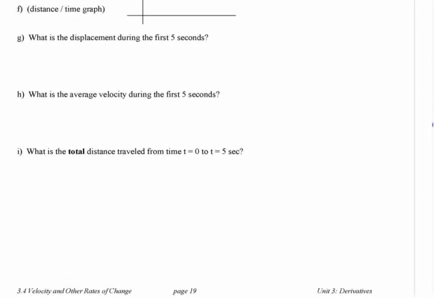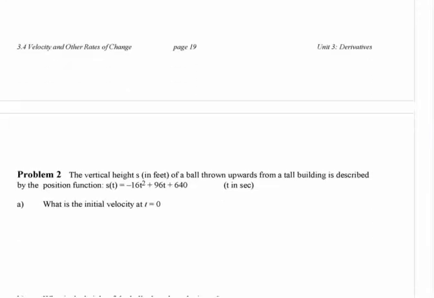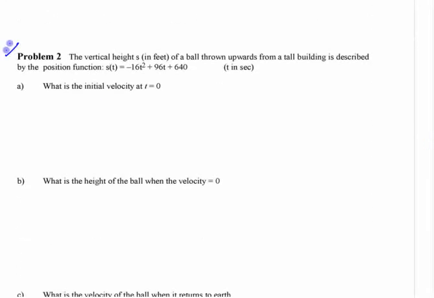There's lots of questions here for you to think about. It's better if you work on some of these and then we discuss any problems, rather than taking hours and hours to work through all of them. This one is a real situation. This is in feet because you should get used to different units. If you're working in imperial, like gravity is negative 9.8 meters per second squared, it's 32 feet per second squared.